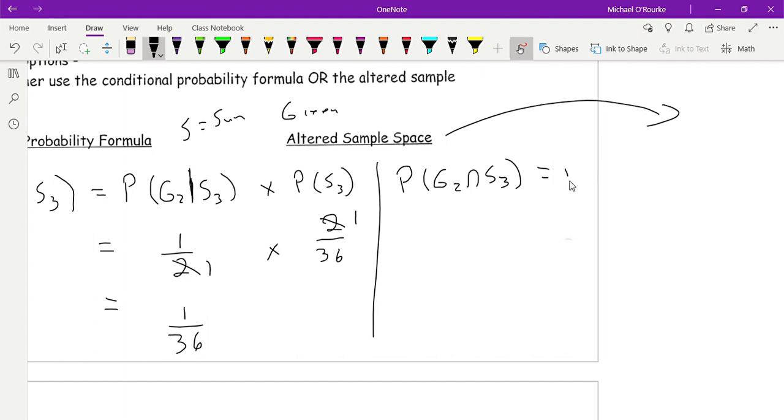Probability of sum of 3 given we have a green 2, times the probability of getting a green 2. I'll wait till everyone's done that line before I start going forward again.